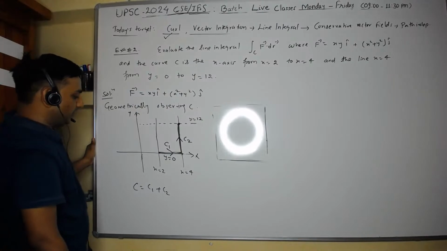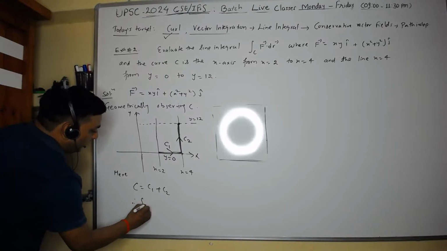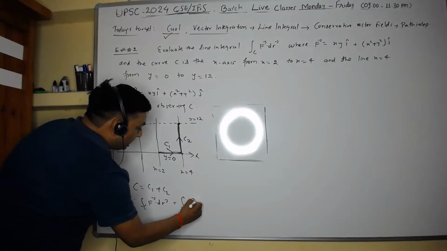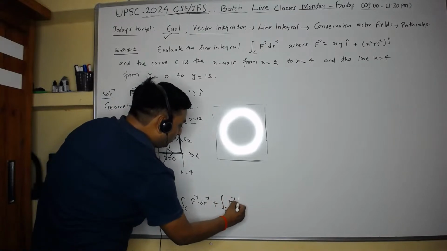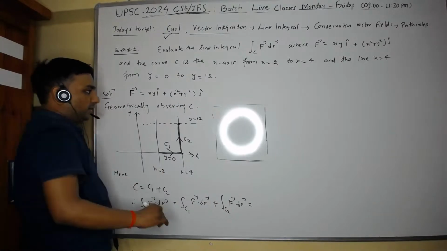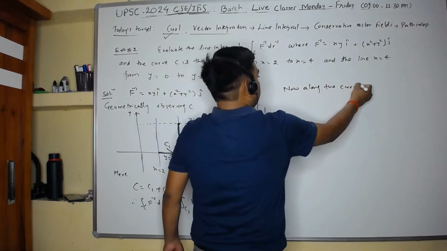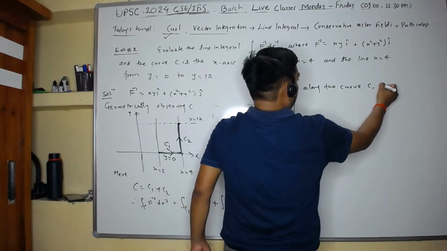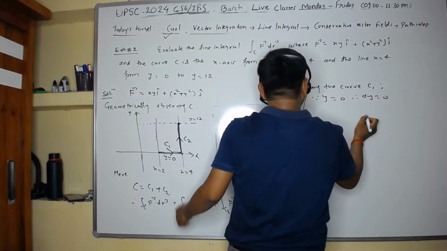Okay Deepak, you have calculated, right? So integration over C of f vector dot dr vector will be what? Integration over C1 of f vector dot dr vector plus integration over C2 of f vector dot dr vector, right? This is the meaning. Now along the curve C1, please observe, y is 0, so dy is 0, right?